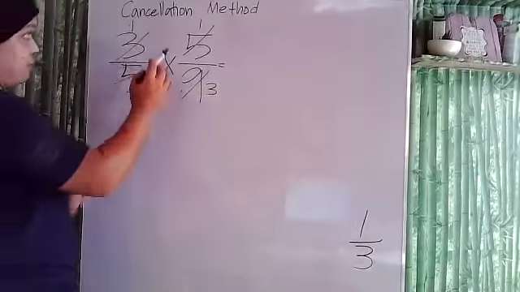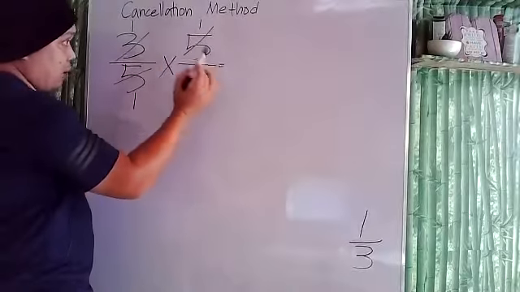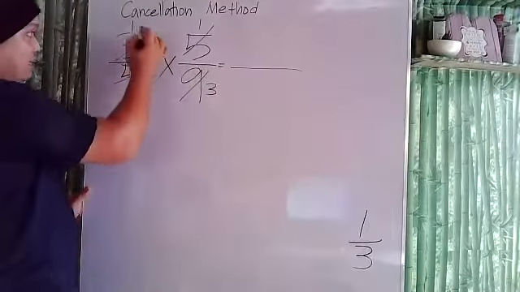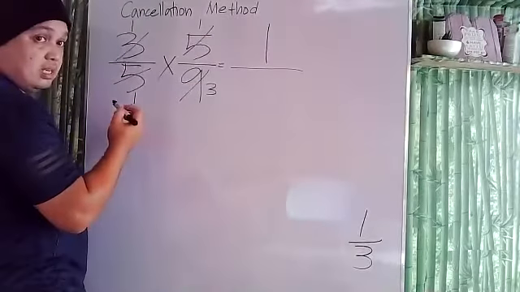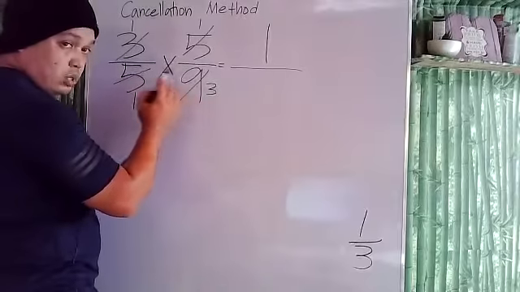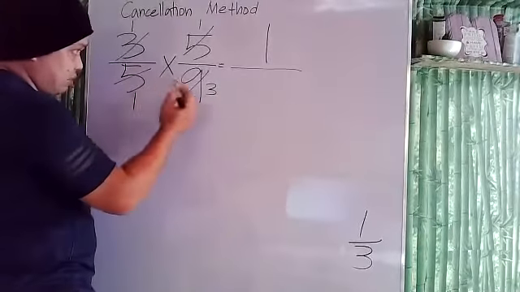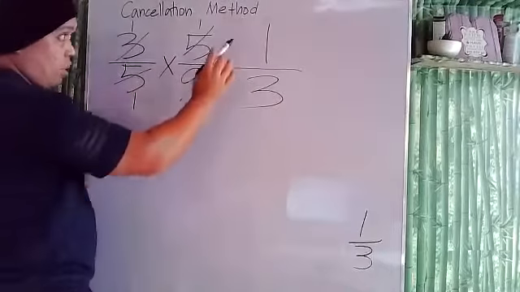This is 1 already because we have cancelled it, and this is 1 already too. Now 1 times 1 is 1. For the denominator, 1 times 3 is 3. Now for our answer, that's 1/3.